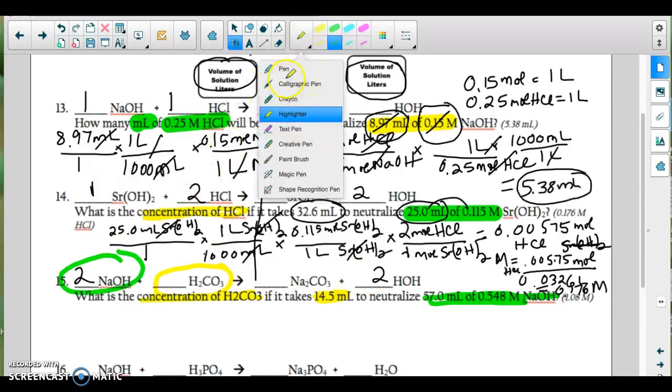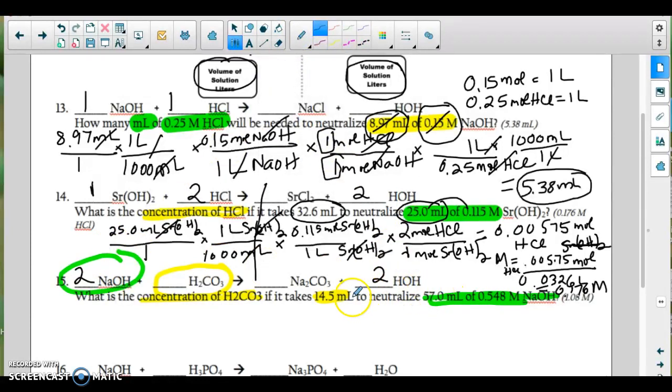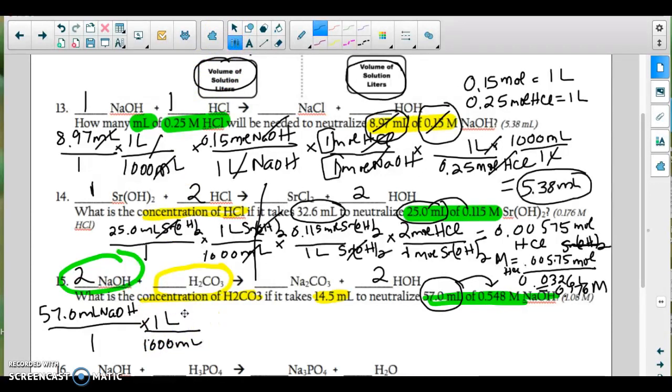I'm going to start with, again, I don't ever start with molarity, and I do want to start with the volume of the one that I do know the molarity of. So I'm going to start with 57 milliliters of NaOH, which is down here. Before I can start on the mole map, I do want to convert this into liters.